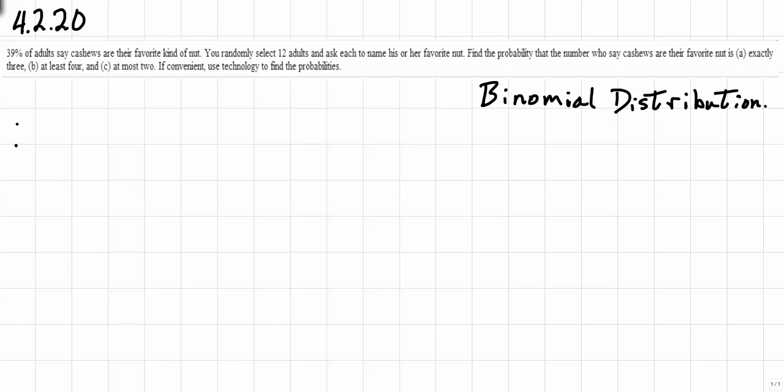Alright, so part A wants us to find the probability of exactly 3. So that means out of the 12 adults, 3 will say that cashews are their favorite nut. We need to understand a few things. First, we need to know exactly what our formula is.